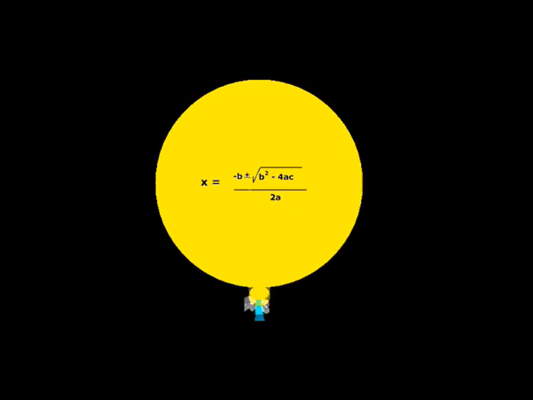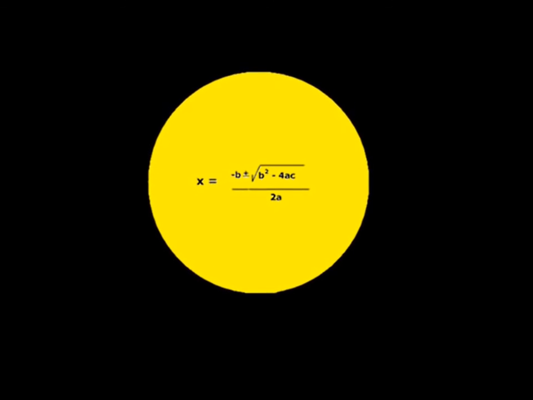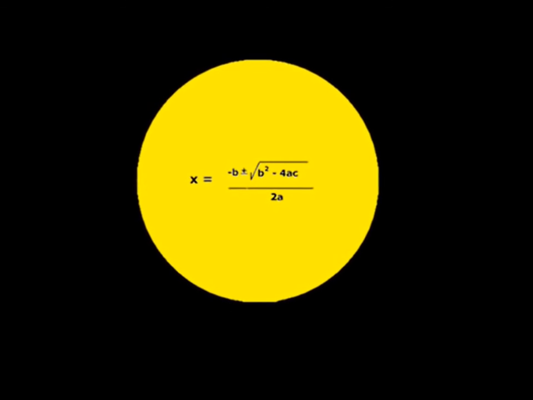Plus or minus the square root of b squared minus 4ac, over 2a, over 2a.